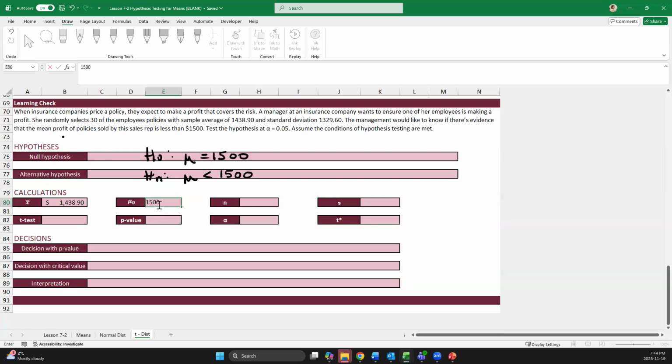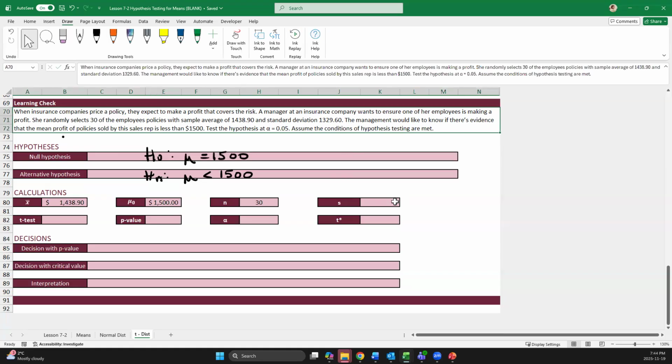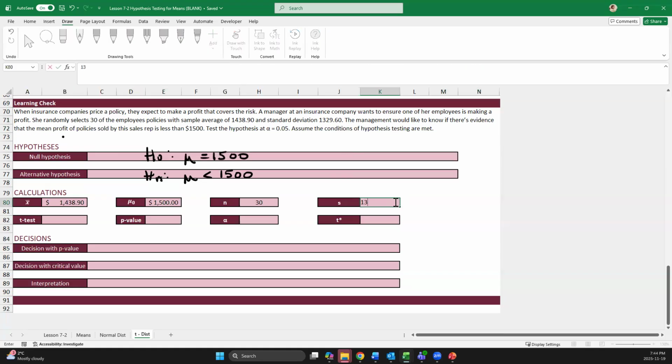The hypothesized value is 1,500 that appears in the null and alternative, and the number of policies is 30, found here. The standard deviation is 1329.60. And my t-test score will be my sample mean minus my hypothesized mean value divided by my standard deviation over the square root of n.